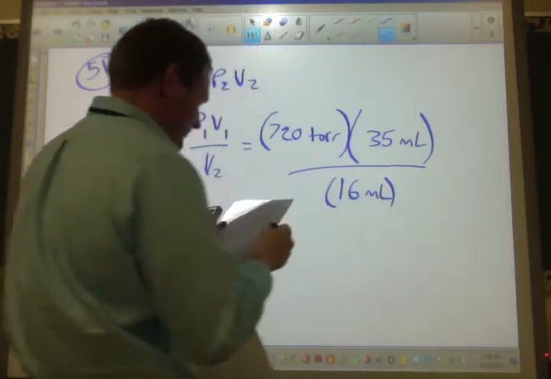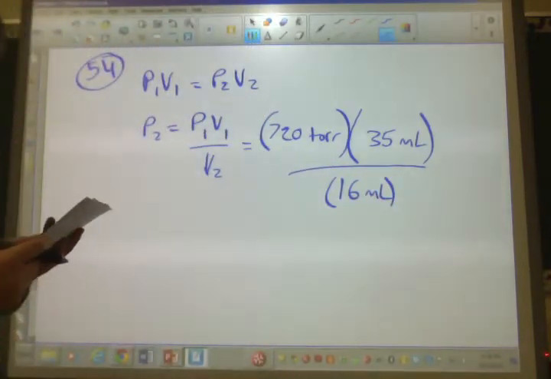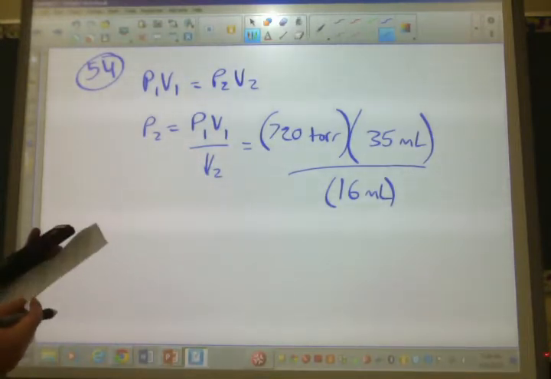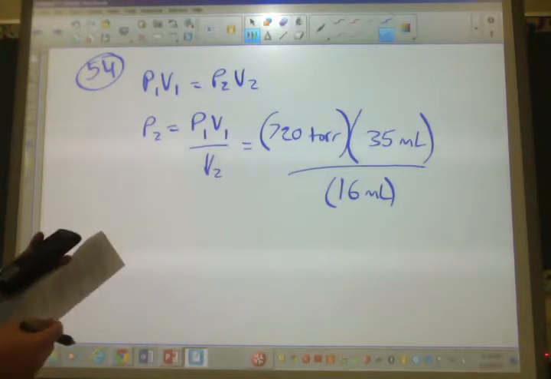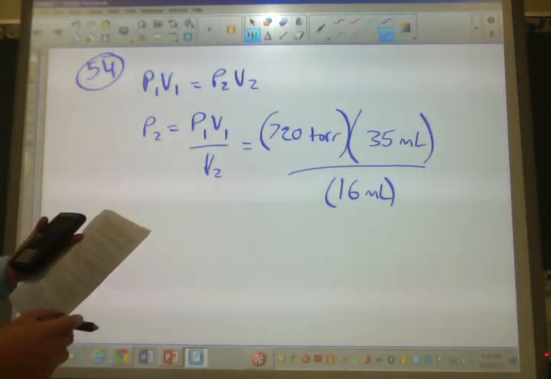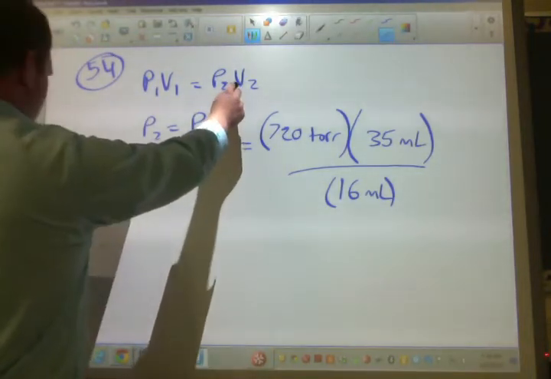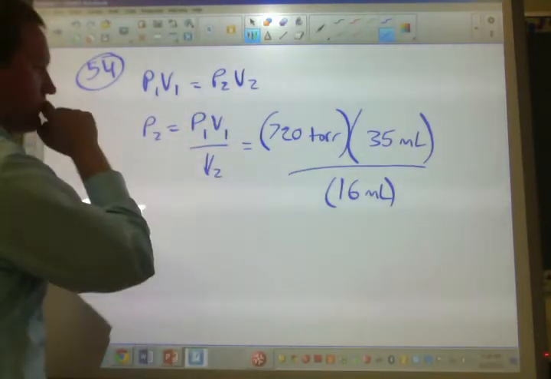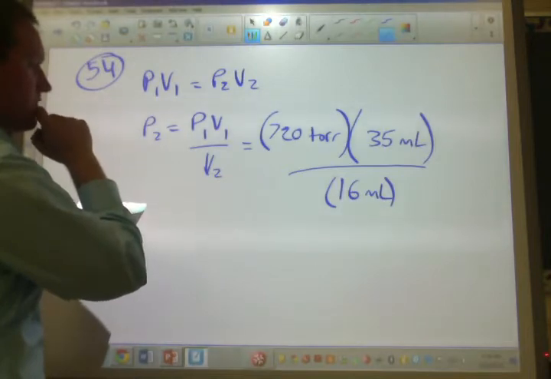What must the pressure become to reduce the volume down to 16? For some reason I feel like I didn't do this correctly. What does pressure become?